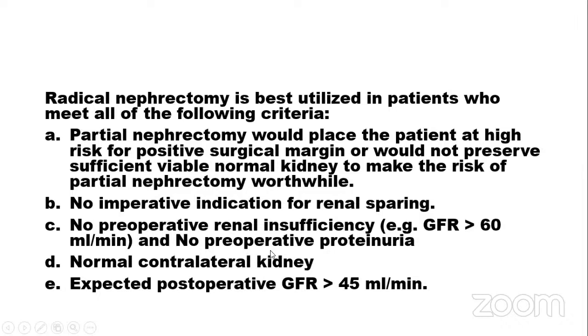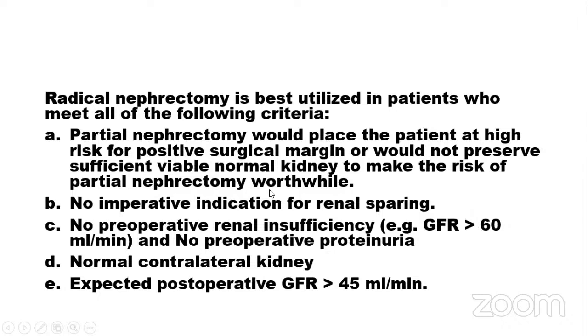Also no preoperative proteinuria, normal contralateral kidney. Expected postoperative GFR more than 45. As I mentioned, expected postoperative GFR must be not less than 45. Okay, so this patient is suitable for radical nephrectomy.